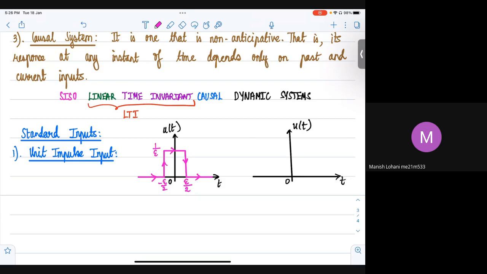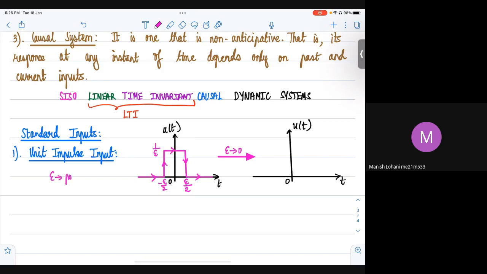The width is epsilon, the height is 1 by epsilon, so in general it's a rectangle. The area of this signal is going to be 1, the height times width. Now let's say we keep on shrinking this epsilon. Epsilon is a positive real number.